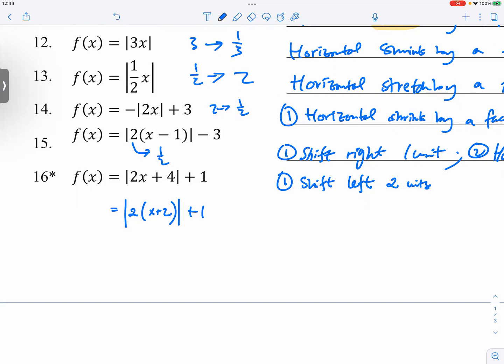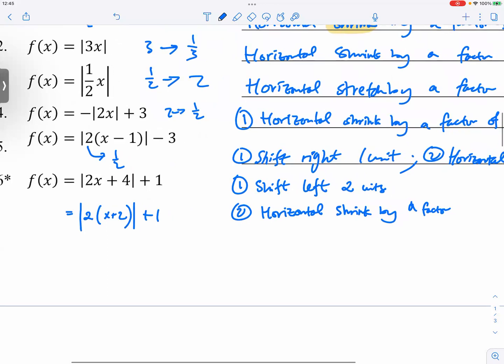Then number 2 transformation would be horizontal shrink by a factor of 1/2.